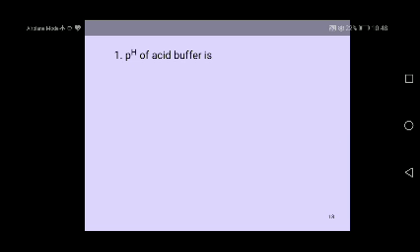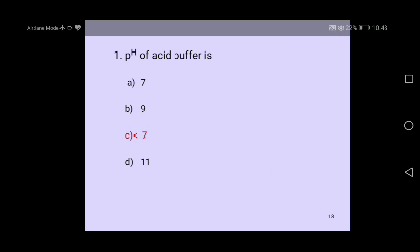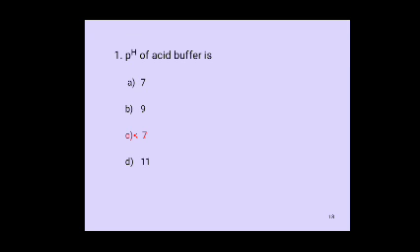First question: pH of an acidic buffer. Options: A, 7; B, 9; C, less than 7; D, 11. Answer: less than 7.